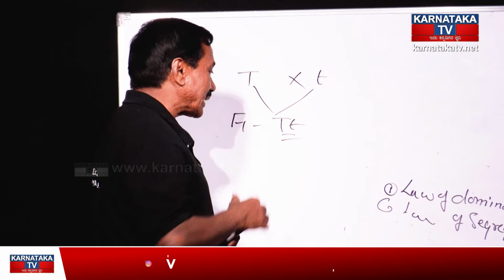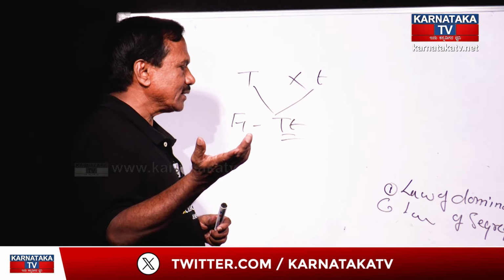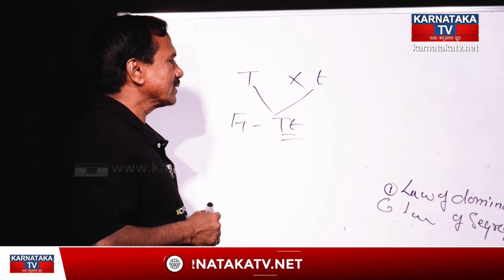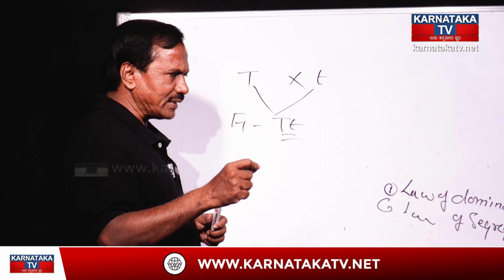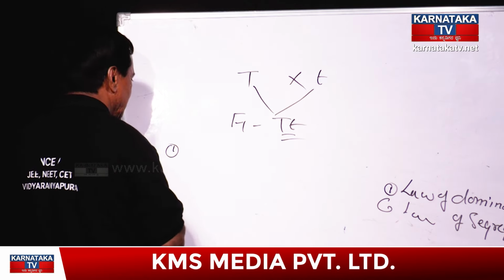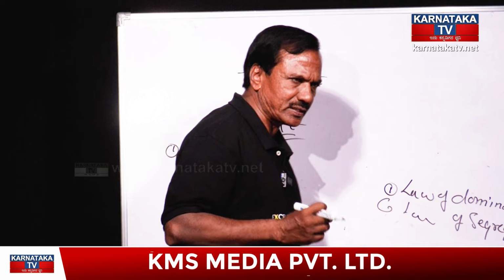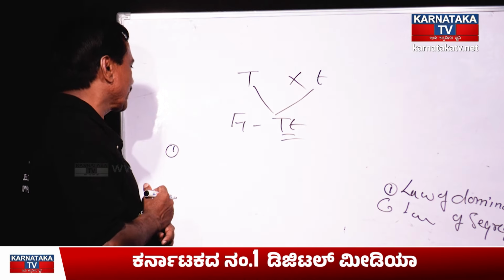Then the law of segregation. Actually, after conducting the monohybrid cross experiment, Mendel explained so many new things, and those new things are inserted under the law of dominance in your NCERT textbook.